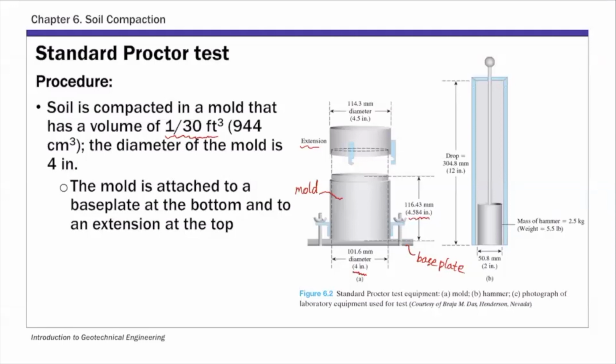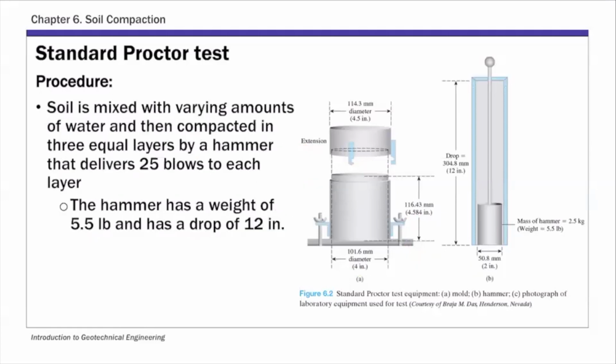And then on the right-hand side, it's a hammer. In a standard Proctor test, what you do is mix soil with varying amounts of water, so you have different moisture contents. Then you compact the soil in 3 layers in the mold with a hammer, and this hammer is dropped from a fixed height, 12 inches.